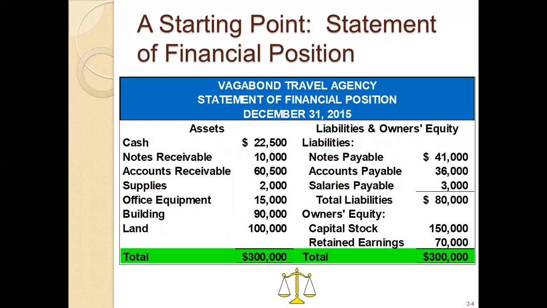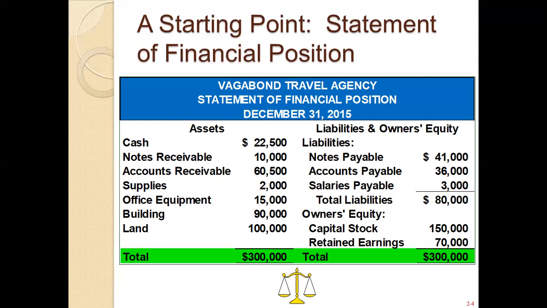The company name is given. Okay, Vagabond Travel Agency is the company name, and this is the statement of financial position. It is the name of the statement, and the date it is made up to. Last week, we discussed many times that your report should be made up to an end date.